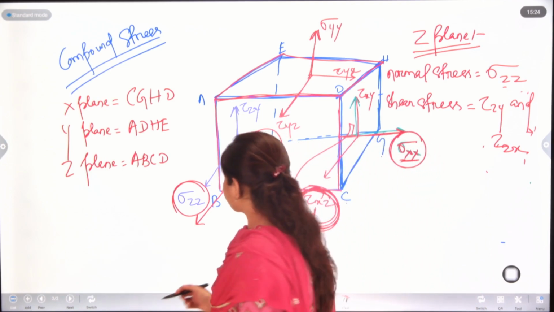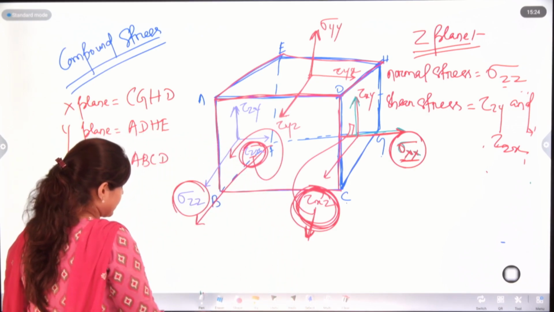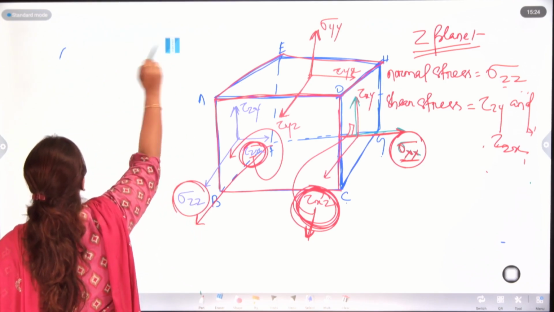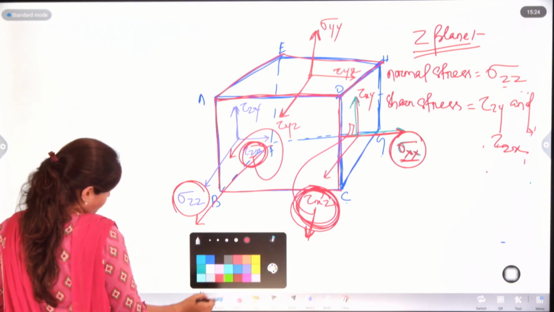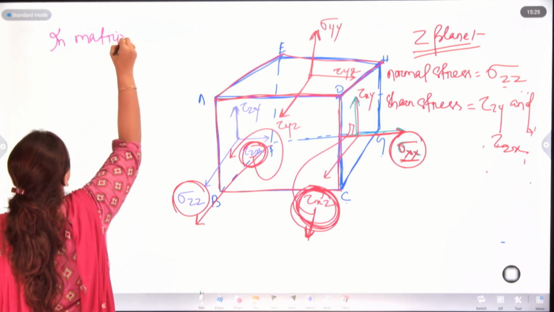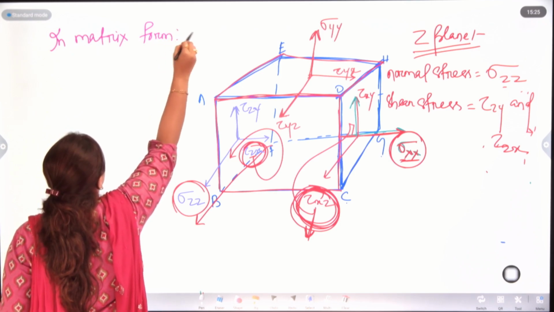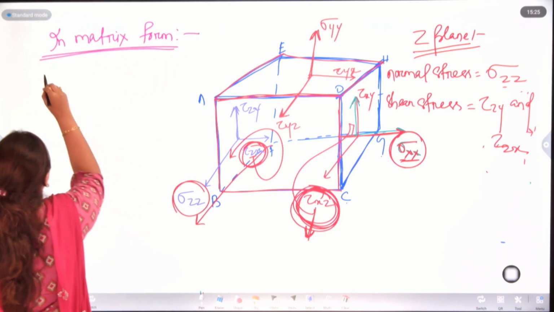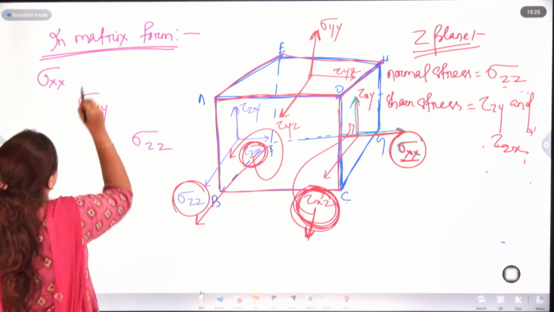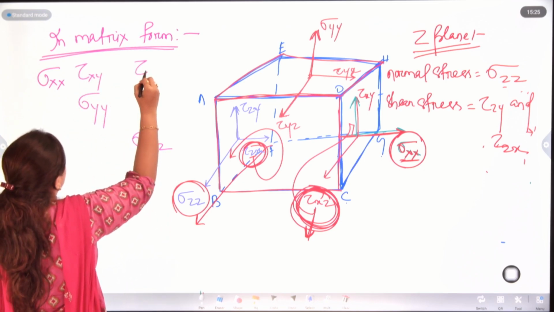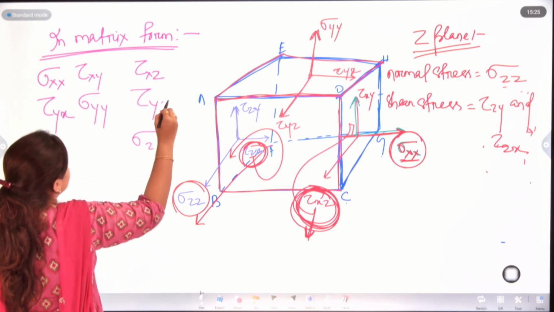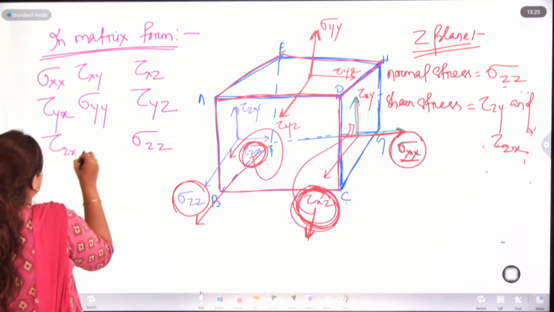Okay. So, we can write it in matrix form: first sigma xx, sigma yy and sigma zz, then tau xy, tau xz, tau yx, tau yz, tau zx, tau zy.